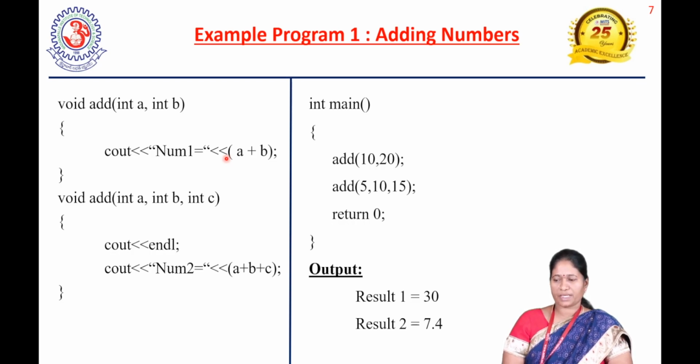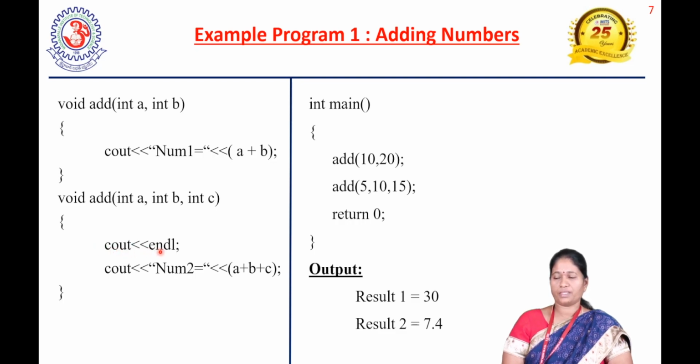Look at the second function. Here we have three arguments: integer a, integer b and integer c. Here also we use the add function, but we are adding three numbers, not two. What is the first line? We mention cout endl.